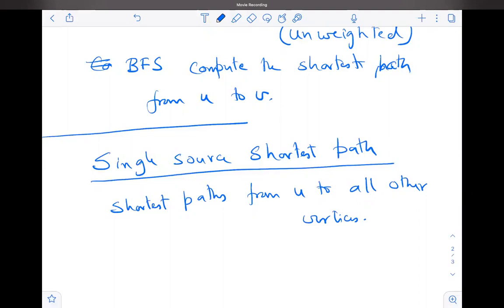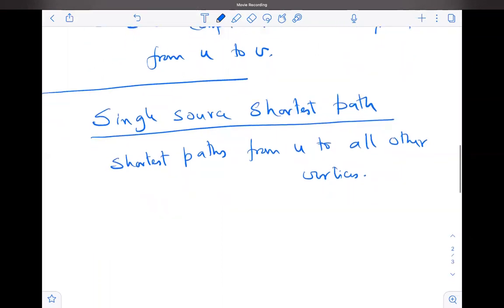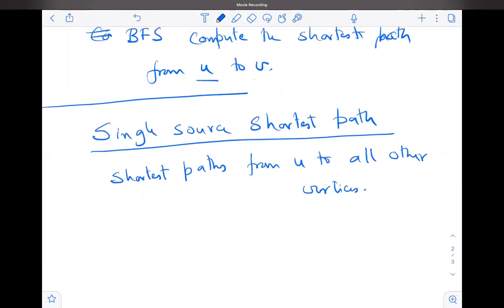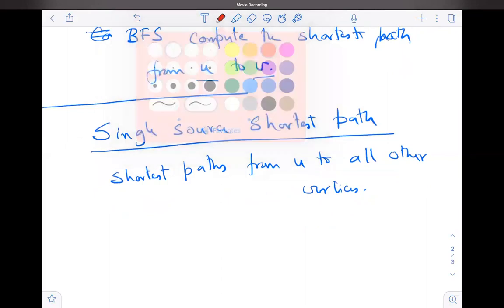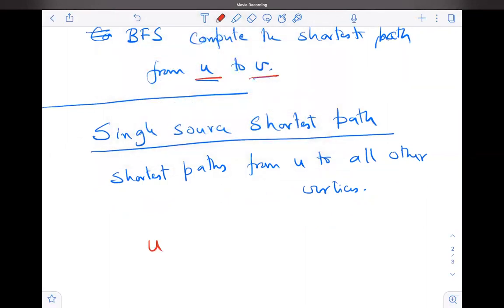But if your job is just to optimize the time taken, sometimes looking at a completely different point in the graph is useful. What I'm trying to say is that if you want to find the shortest path between u and v, we have to look at all the other vertices W in the graph and understand how much time it takes for u to go to W and from W to go to v.